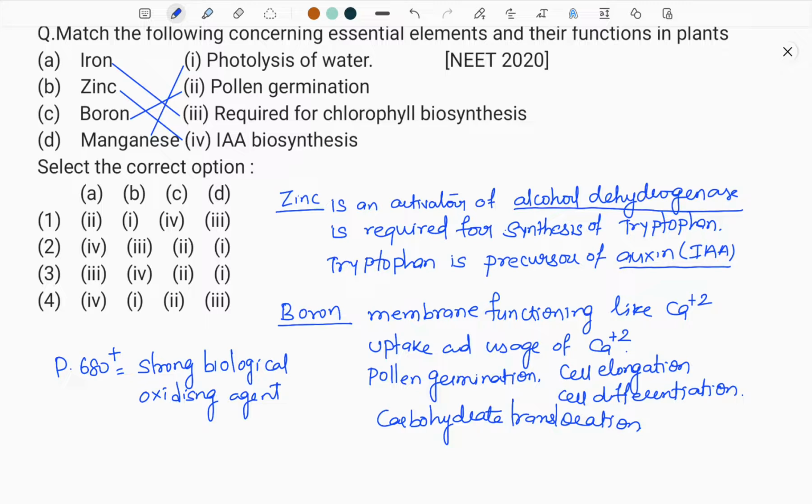Generally water is present in the thylakoid membrane, and water gets oxidized by P680 plus. Here the water molecule is split into 2 electrons, 2 protons and half O2.